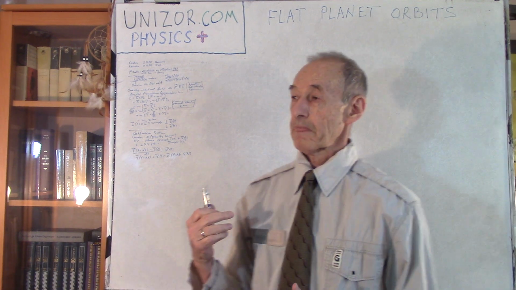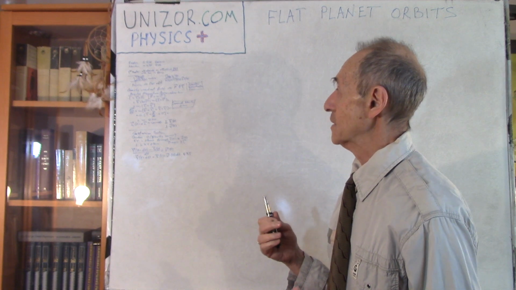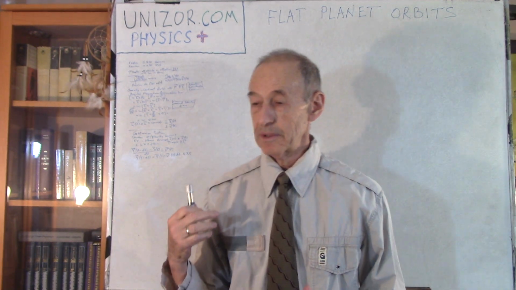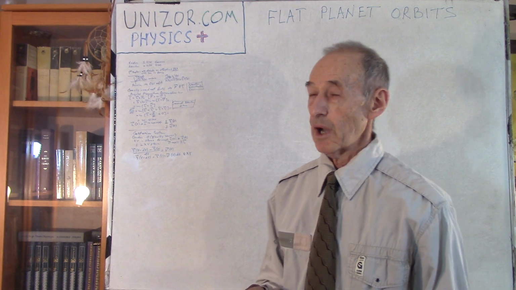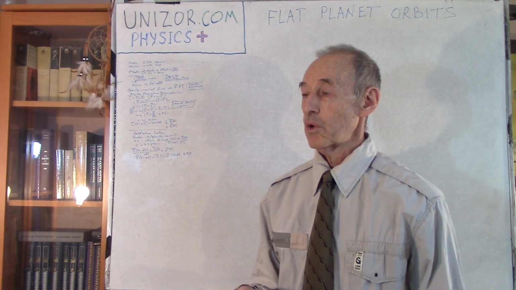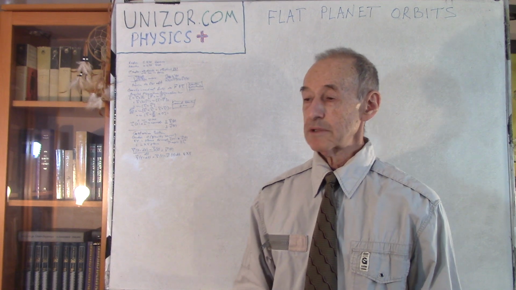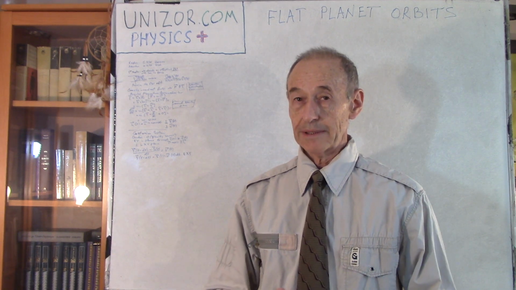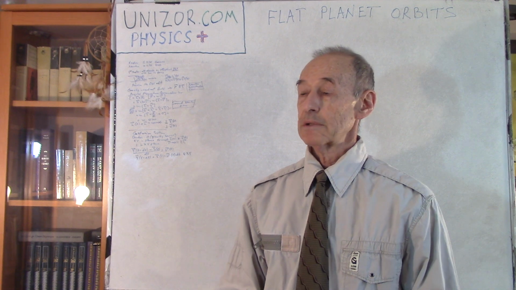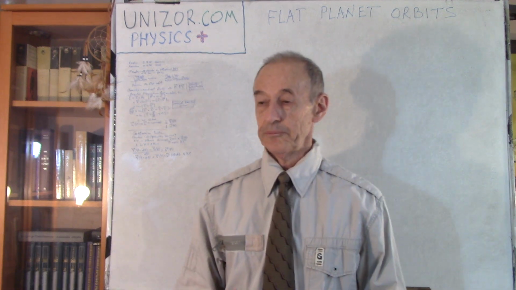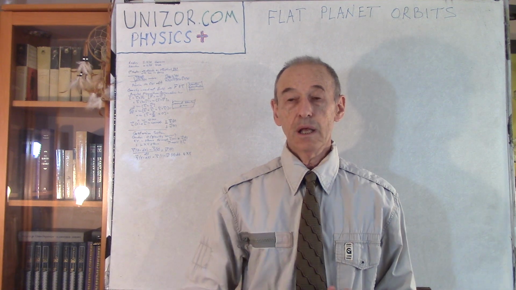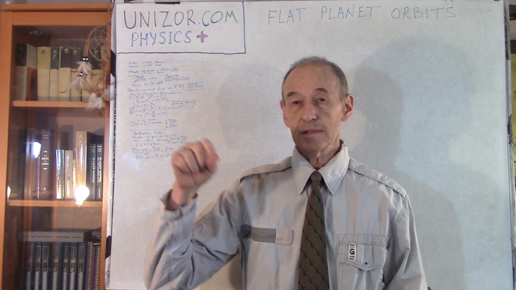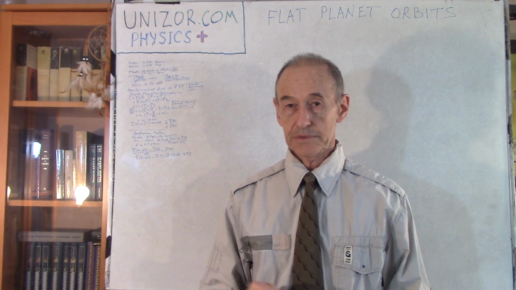Now, there was the guy who actually lived before Newton, Johannes Kepler, who invented so-called Kepler's law of planetary movement, and he came up with the idea that the planets are moving on ellipses around the sun, and the sun is in the focal point of the ellipse.